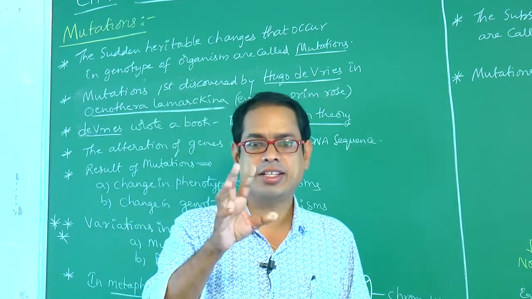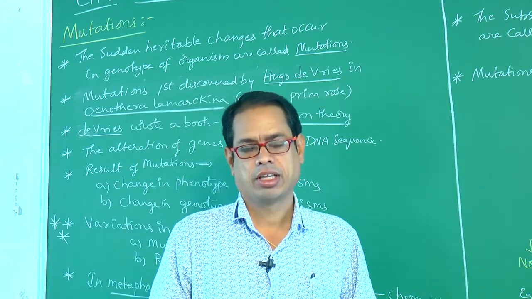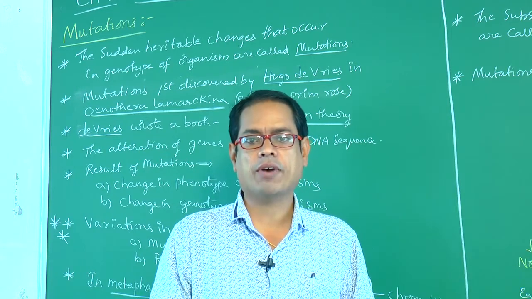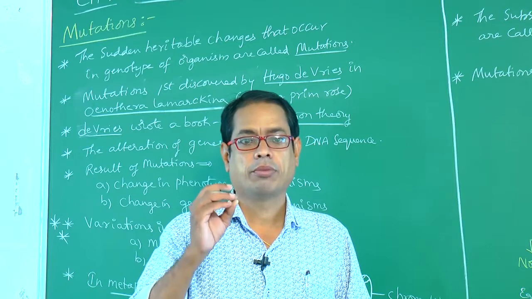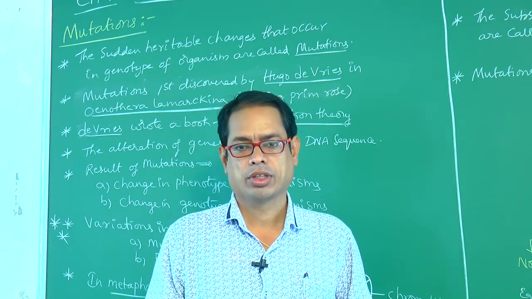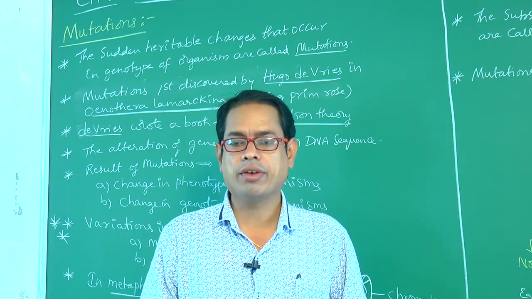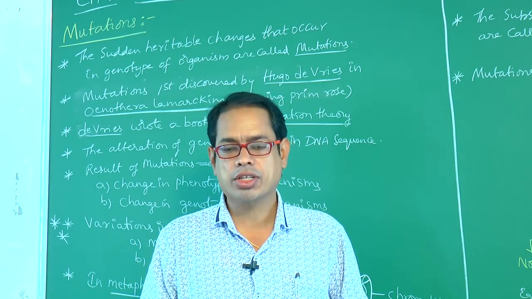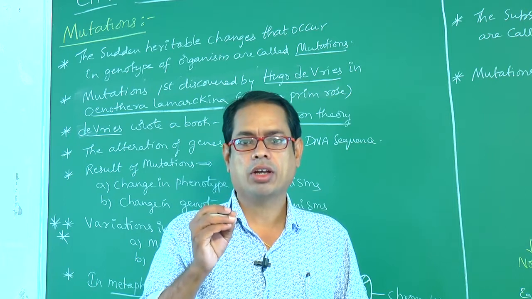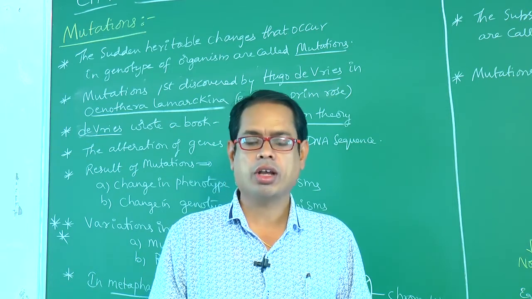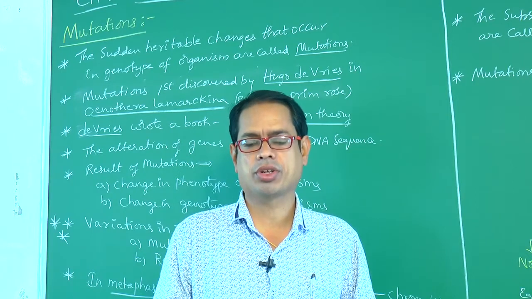Where does this mutation occur? In the DNA sequence. The sudden heritable change that occurs in the genotype of an organism is called mutation. These mutations were first discovered by Hugo de Vries, in a plant called Oenothera lamarckiana, commonly called evening primrose.